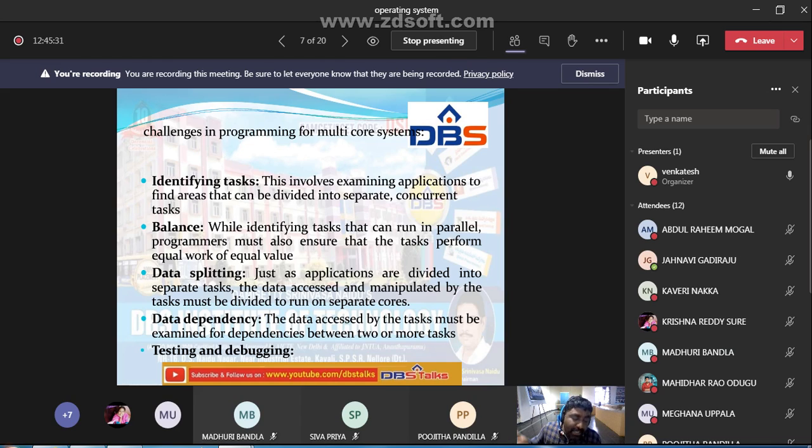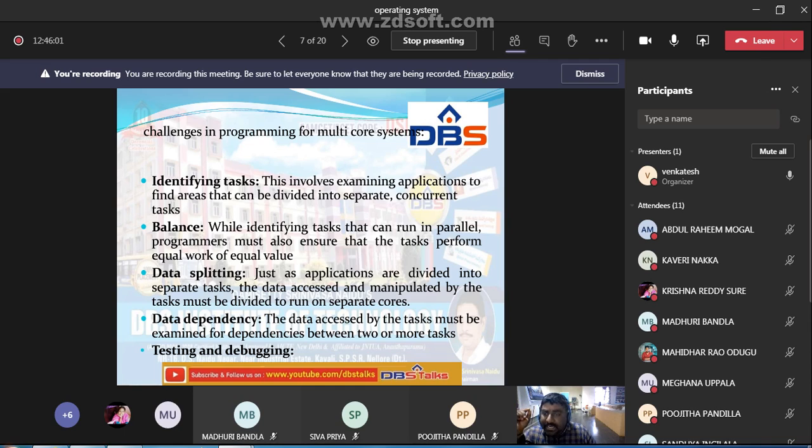At the same time, we ensure synchronization is performed. Synchronization means the two threads which are dependent are executed by the operating system assigning the cores. Next is data dependency. The data accessed by a task must be examined for dependency between two or more tasks.